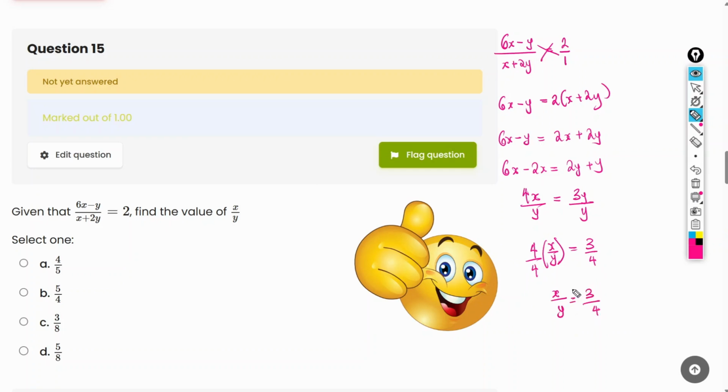That is what I got, but I can't find it in the options. So let me track back and check. 6x minus y would be 2x plus 4y. So I have to record 15 again.